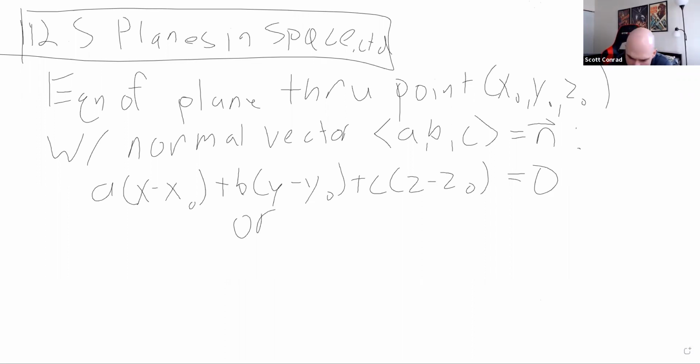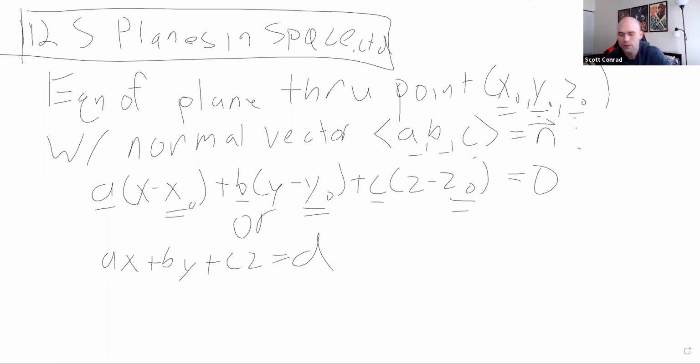So just a reminder, A, B, C are the components of your normal vector, and your x naught, y naught, and z naught, remember it's minus those, are the coordinates of your known point.